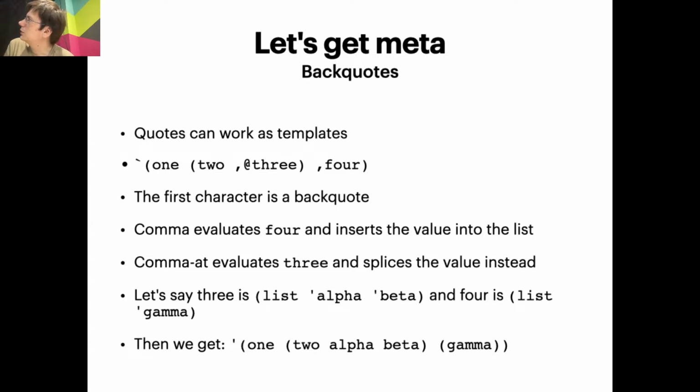As you can see, the 3 was substituted by the contents of the list, alpha and beta, by those symbols, and the symbol 4 was substituted by the value of 4, which is just a list that consists only of 1 symbol, gamma.